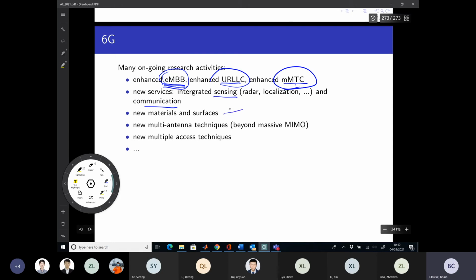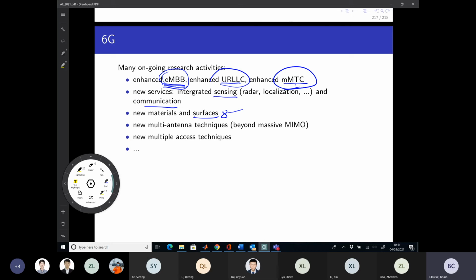There are lots of activities on new materials and new surfaces. Metamaterials are very popular. This actually changed the design of some of the antennas, and there is a nice interplay between communication theoretic problems and antenna or surface design. There are lots of new reflecting surfaces, intelligent ones, where you try to change the wireless channel and enhance performance by doing so, having a passive surface that you put on the wall, but you can control.